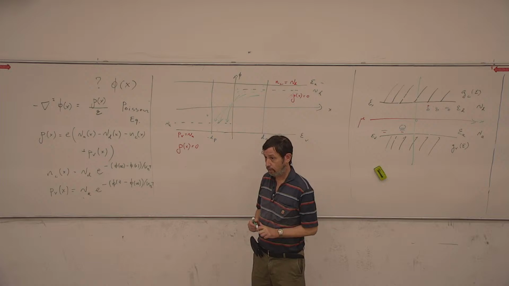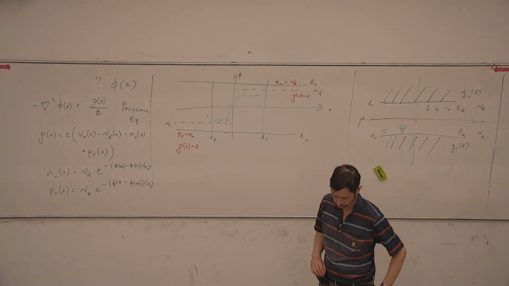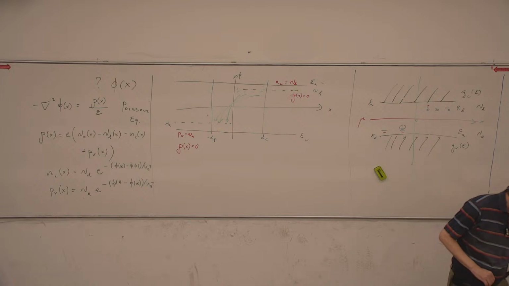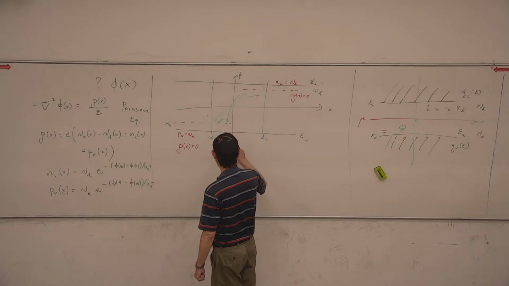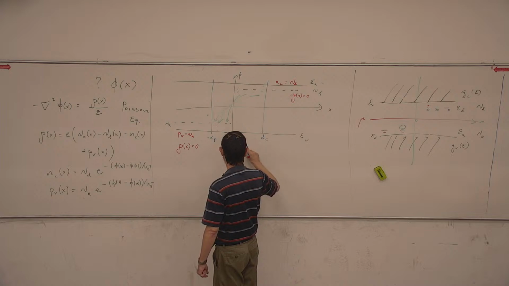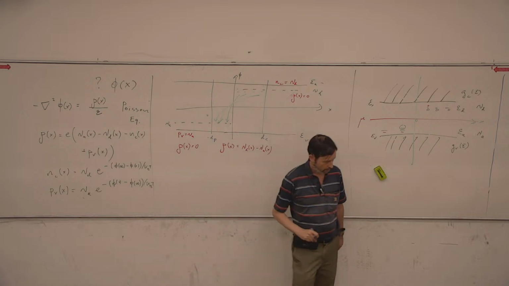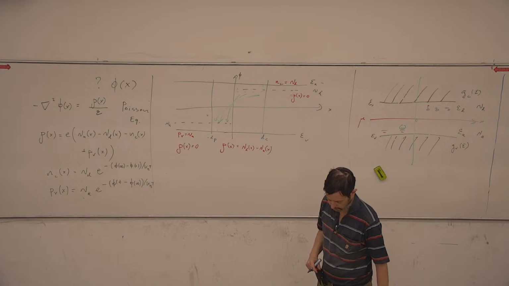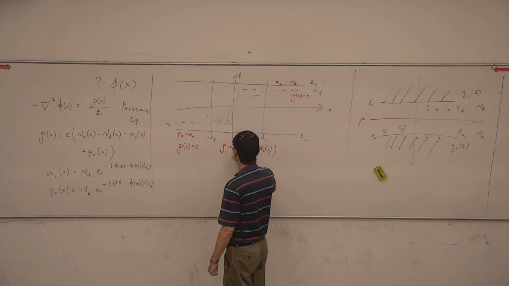Okay, what does it mean? From the point of view of rho of x in this region, and lovely, minus.